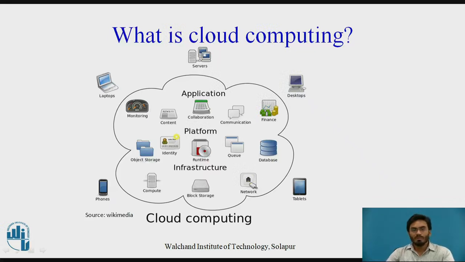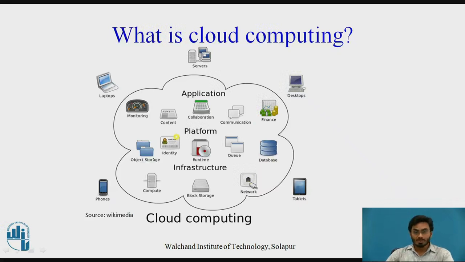In a broad overview, out of these three areas, the first layer is called the application layer, where we generally focus on things like monitoring, collaboration, communication, and finance. In the second layer, we have object storage, identity, runtime, queue, and databases, or exactly whatever data you are pumping onto the cloud servers.